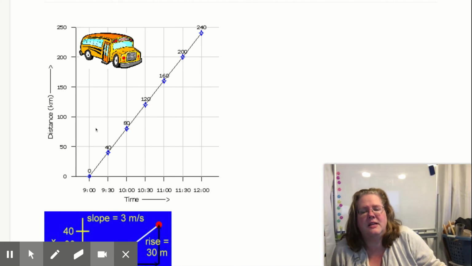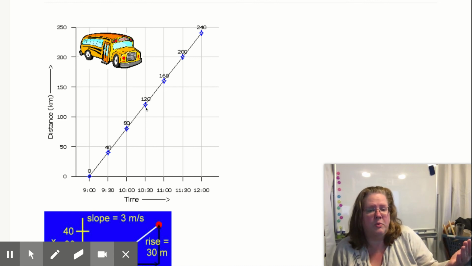But you need to understand that you can also calculate speed simply by doing slope, rise over run. So I went up 40, I went across 30 minutes, so my speed would be distance divided by time, 40 kilometers divided by 30 minutes.